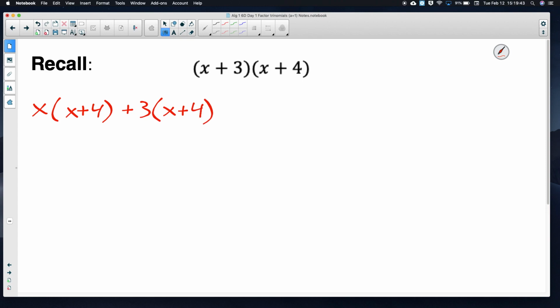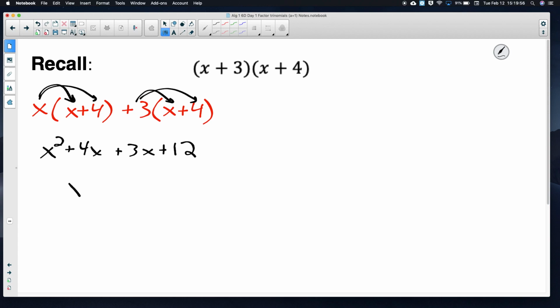And then, if I start distributing, I would get x squared plus 4x plus 3x plus 12. And then if I combine like terms, I would get x squared plus 7x plus 12.